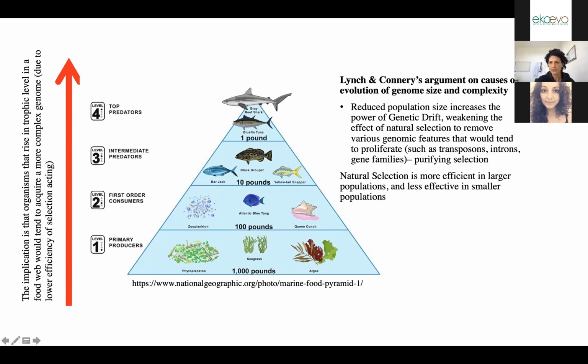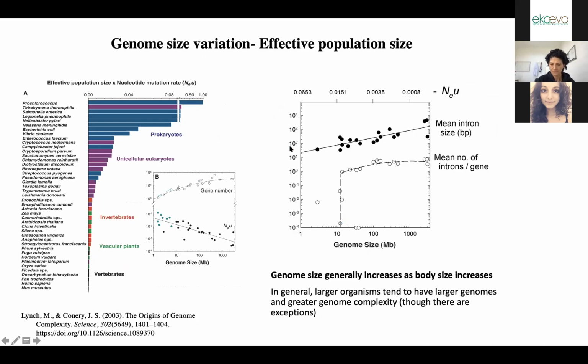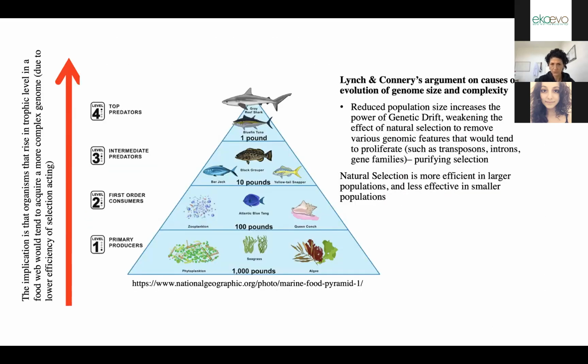So why is this happening actually? They had a conclusion about this from their graphic. When you go up in the trophic level, the effective population size also decreases, meaning that the reproduction potential in the population decreases. At this point, what we know about natural selection and adaptation is that when the effective population size decreases, natural selection will be less efficient.